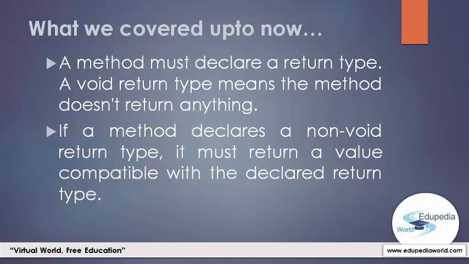So if we are returning an int value, the average mark, from the method using the return keyword, at the method declaration it should mention int as the return type. And also, if the caller method assigns that value to a variable, that variable should have an applicable data type.